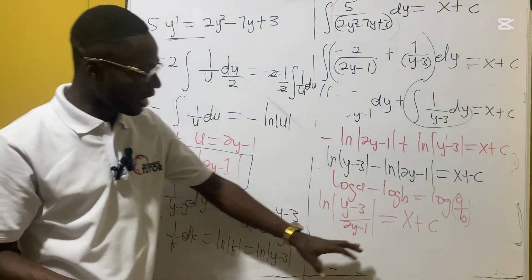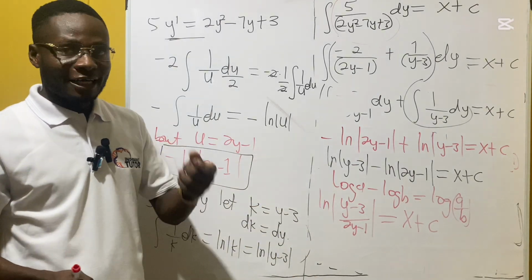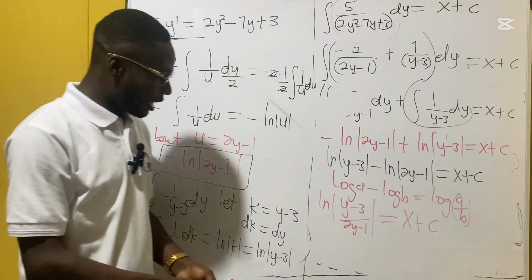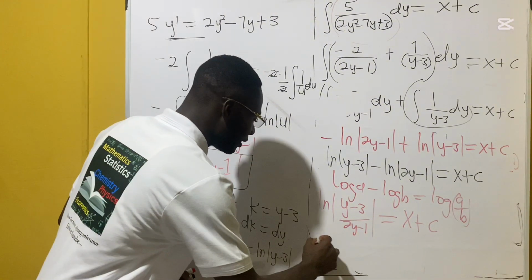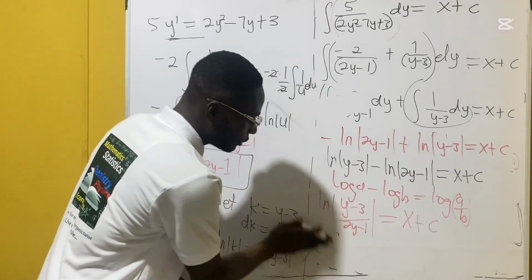So once we have this, we all know that ln has a natural base of e, right? Once we have this, we can introduce the e.